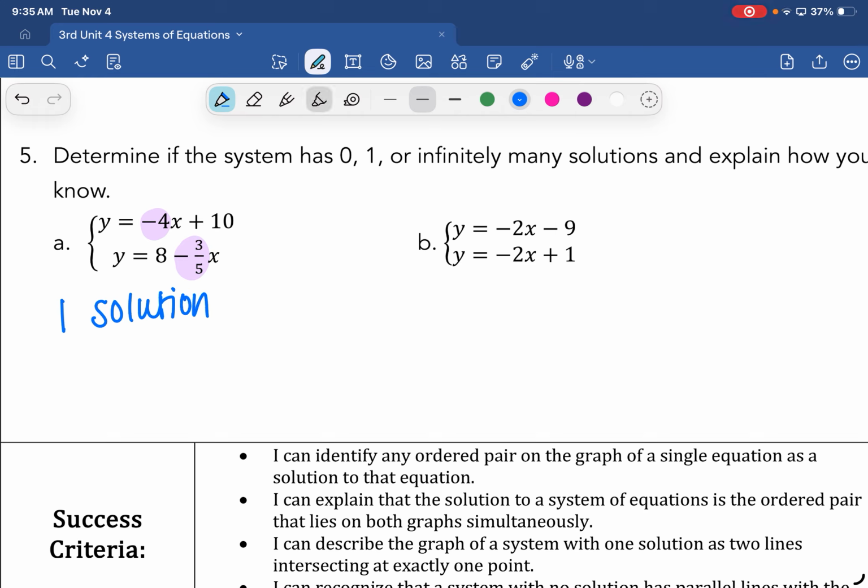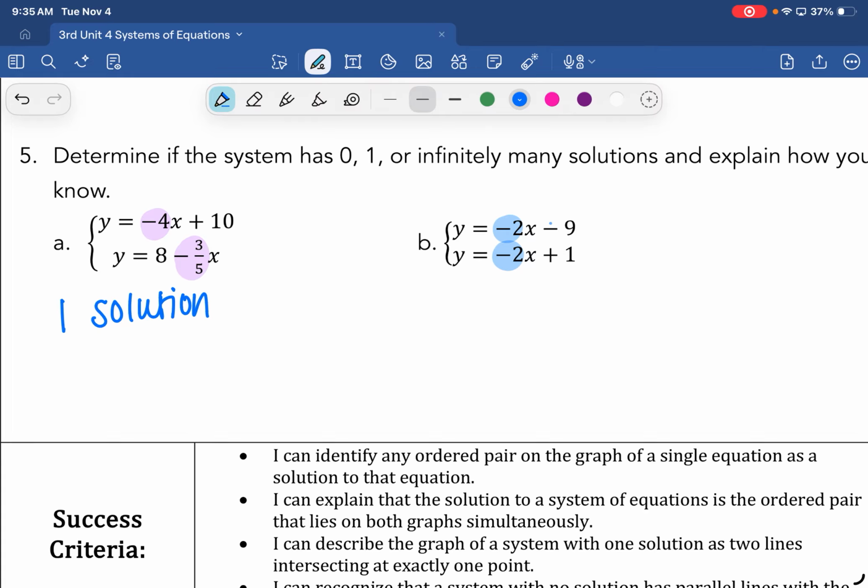All right, for B, what is our slope for y equals negative 2x minus 9? What is our slope for y equals negative 2x plus 1? Negative 2. Are those slopes the same? Yeah. Are the y-intercepts the same?